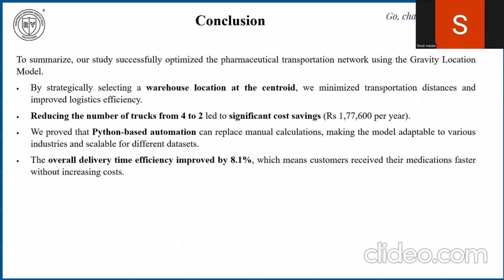Beyond pharmaceuticals, this model can benefit e-commerce, FMCG, and retail industries where supply chain efficiency is crucial. By integrating Python-based automation, smart routing, and warehouse optimization, we paved a way for a data-driven, cost-effective supply chain solution.